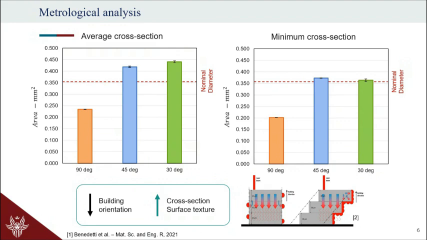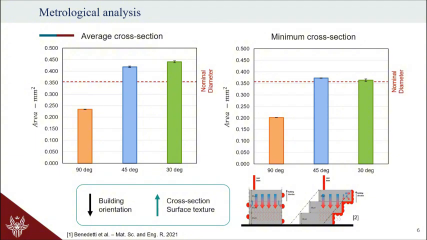On top of that, for both 45 and 30 degree specimen, we have an increment in the as-built diameter with respect to the nominal one. And this is something that we understand in a better way, because of course we have the staircase effect, where the different layers are printed on the powder and not on the solid material.